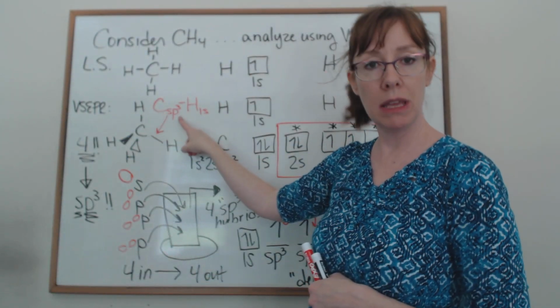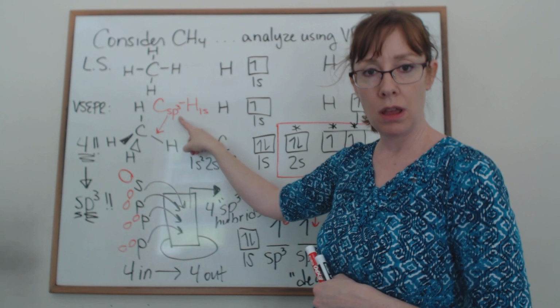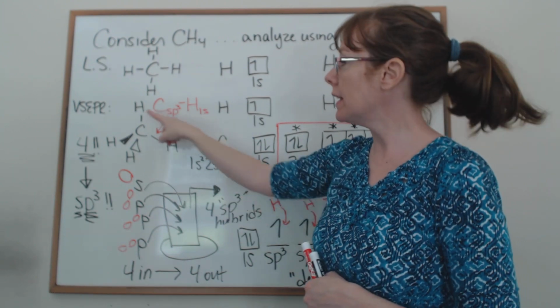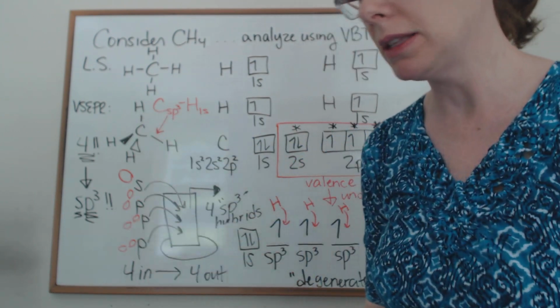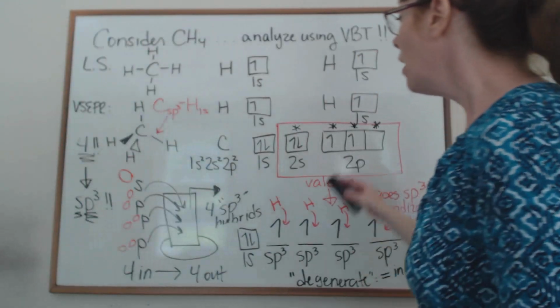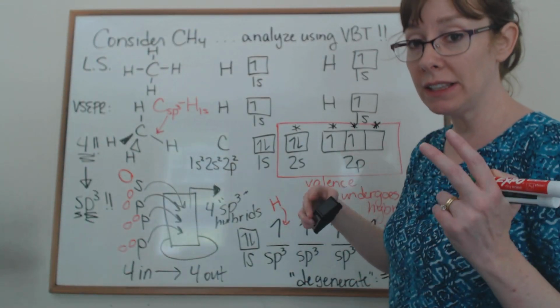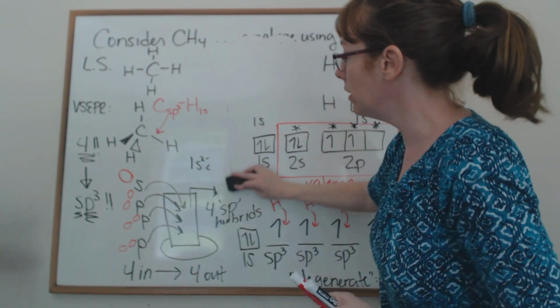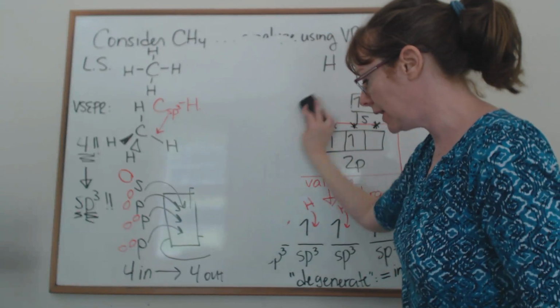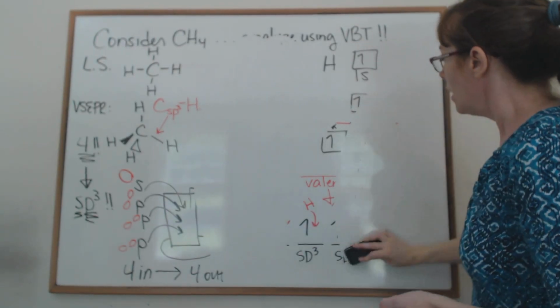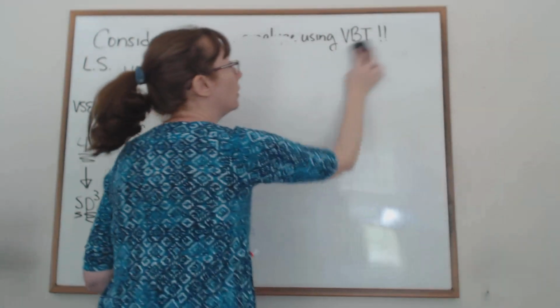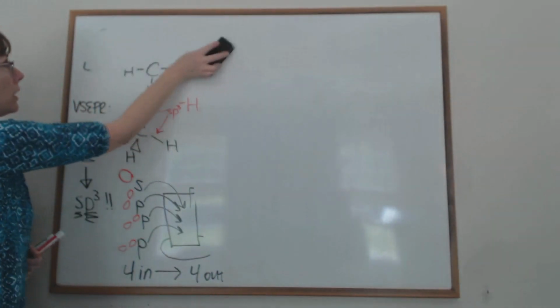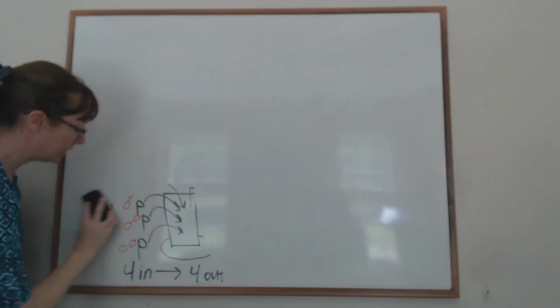Carbon is using the sp3 orbital, and hydrogen is using the 1s, and that's true for all of those bonds right there. All right, so you can see that hybridization fixes the model, and that's what it means that carbon undergoes sp3 hybridization. Now, sp3 was only one of the types of hybridization.